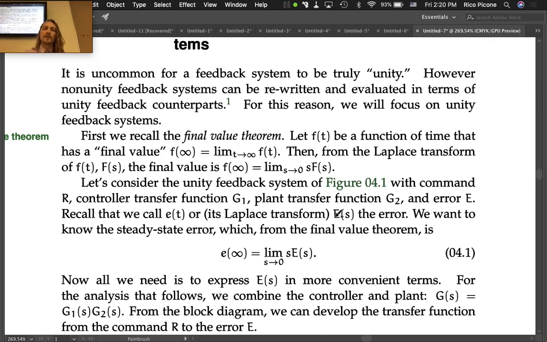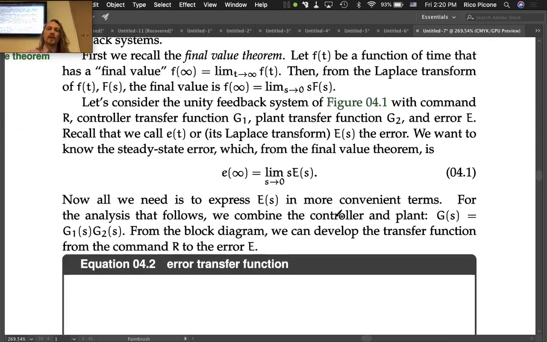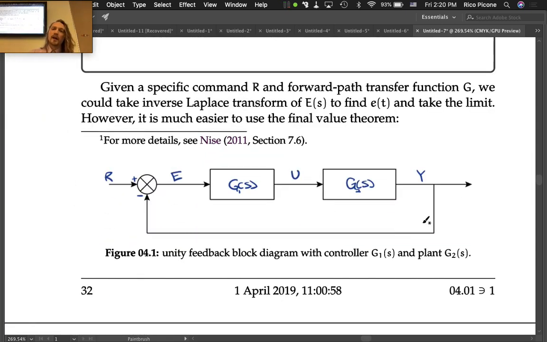Let's consider the unity feedback system of figure 4.1, which is the one we looked at here. You take the output, you feed it back with no transfer function in the feedback loop, so it's unity feedback. We subtract it from the command R to get the error E. We go into the controller transfer function, G1, and that puts out the control effort, which is the input to the plant, G2, which puts out the output.